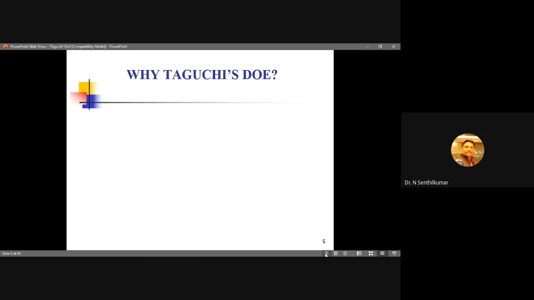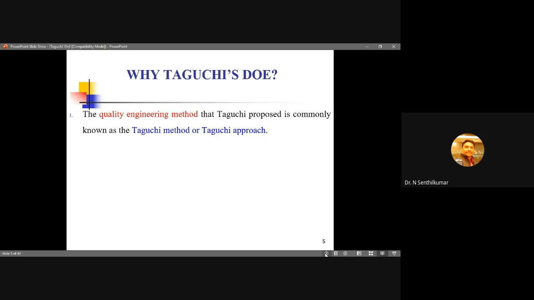Okay, so why Taguchi's DOE? Taguchi proposed a design of experiments, an experimental design, in which he has included quality. The quality engineering method that Taguchi proposed is Taguchi's method, Taguchi's technique, Taguchi's approach, or Taguchi's DOE.